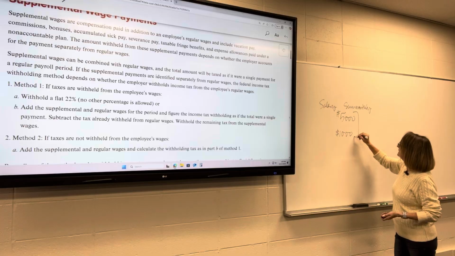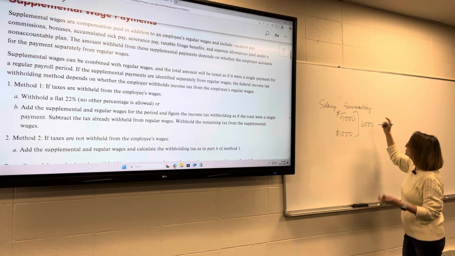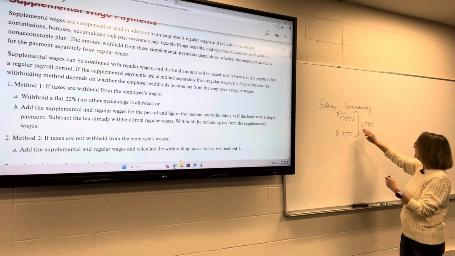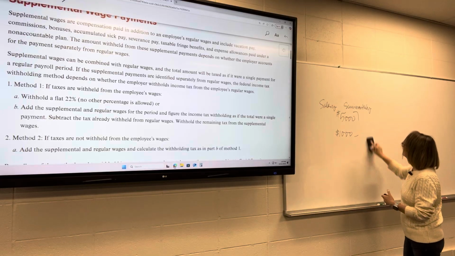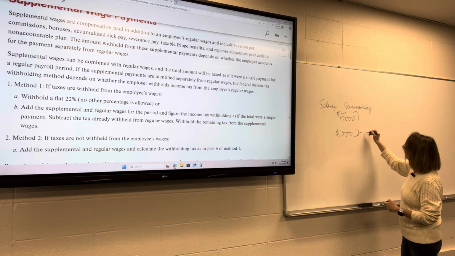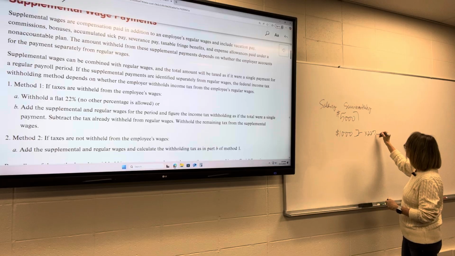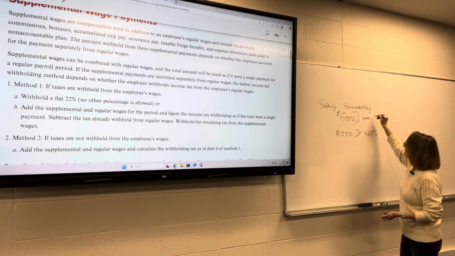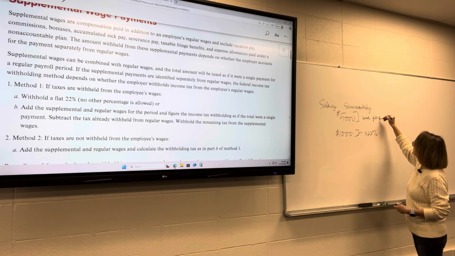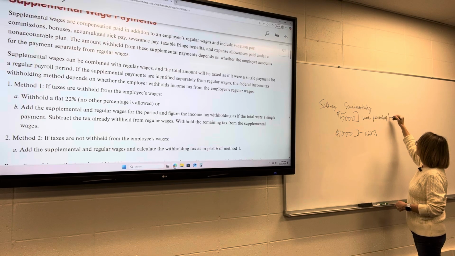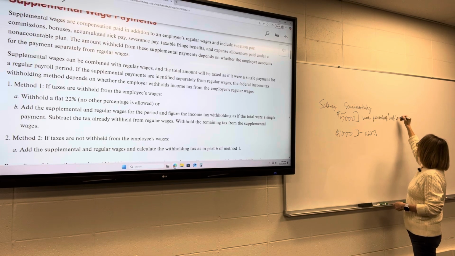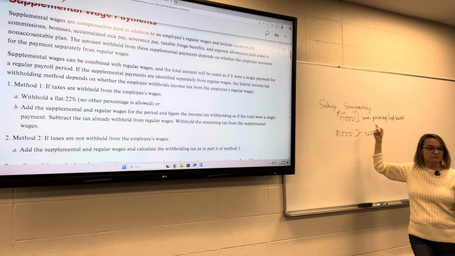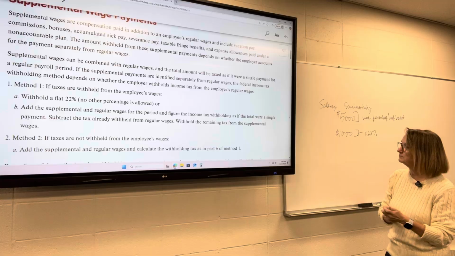So we can combine those and just base the total withholding on the $6,000, or we can do it separately and multiply the bonus times 22% for our federal income tax withholding, and then use our percentage or wage bracket method to calculate our withholding on this $5,000. So those are the two different ways that can be done.